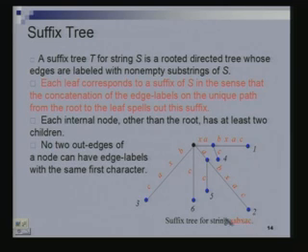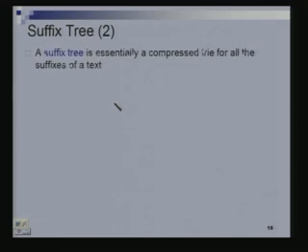AC starting position 5, and so on and so forth. ठीक है? सारे suffixes हमने एक ट्राई में डाल दिए, तो इसलिए हम इसको सफिक्स ट्री कहते हैं. सफिक्स ट्राई भी कह सकते हैं, ठीक है, पर हम सफिक्स ट्री कह रहे हैं इसको. So it's essentially a compressed trie for all the suffixes of the text.